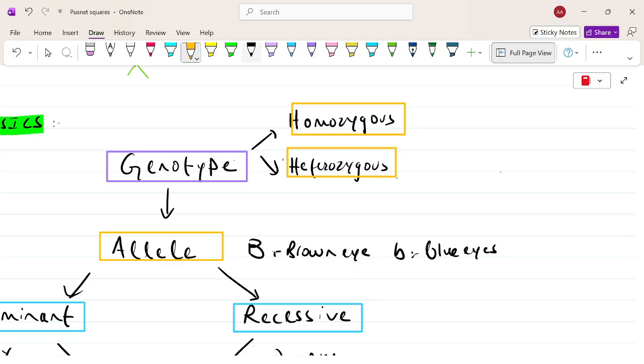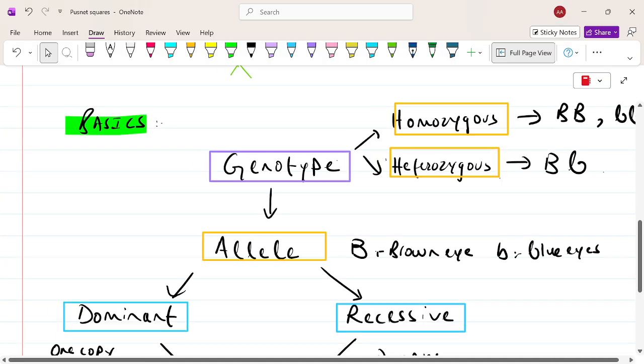Homozygous means that there are the same alleles, so it will be capital B capital B for the brown eyes, or small b small b for the blue eyes. So they both have the same alleles. While heterozygous means different alleles, which means a capital B and a small b, which is obviously going to end up with a brown eyes person. So this you need to know about.